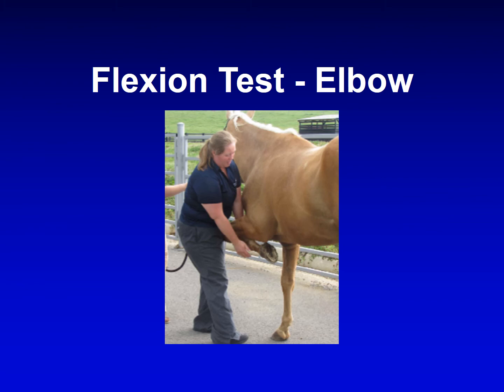Then we see if the pain caused more lameness or not. If the pain that results from the flexion caused more lameness, that means you've localized the problem. The problem is in that particular joint, where you increased the pain.